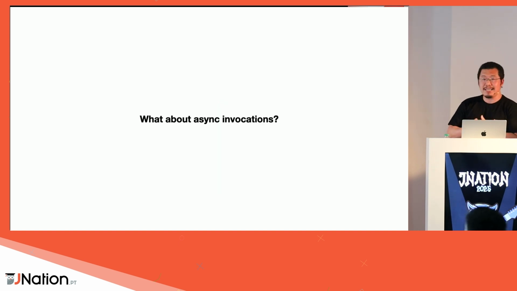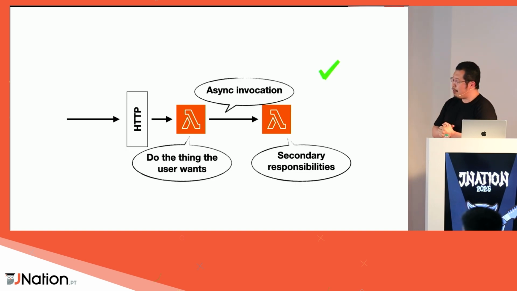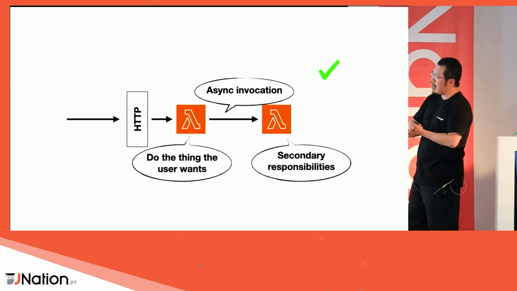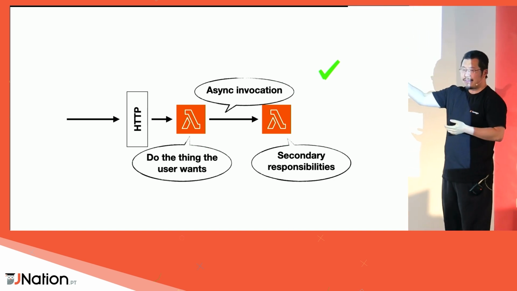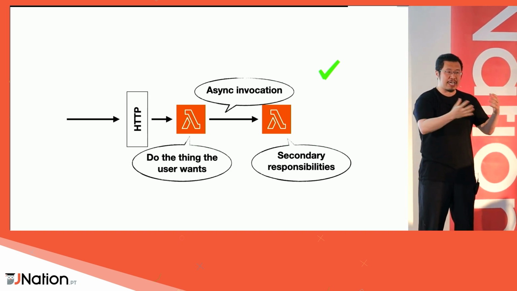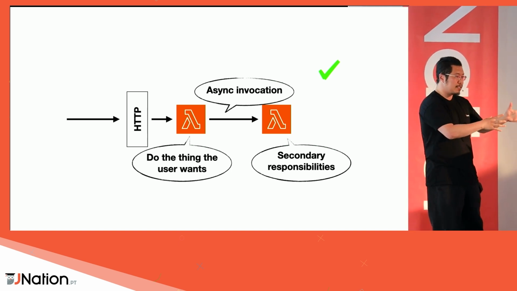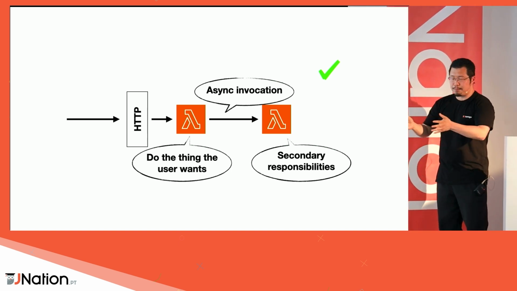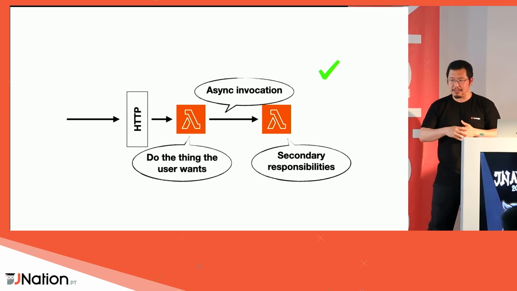But what about asynchronous Lambda-to-Lambda invocations? I found a couple of use cases where this is actually quite useful. For example, if I've got a user-facing API, again, behind some HTTP interface that someone can use, I've got my Lambda function. In this case, it is doing the thing that the customer wants, which could be saving my user profile update. So that function will take your request and save it into the database to persist it. But there are also things that we care about as a system, as a business.